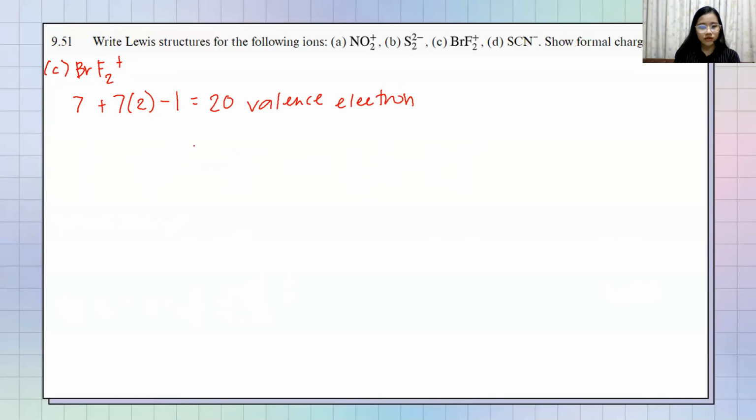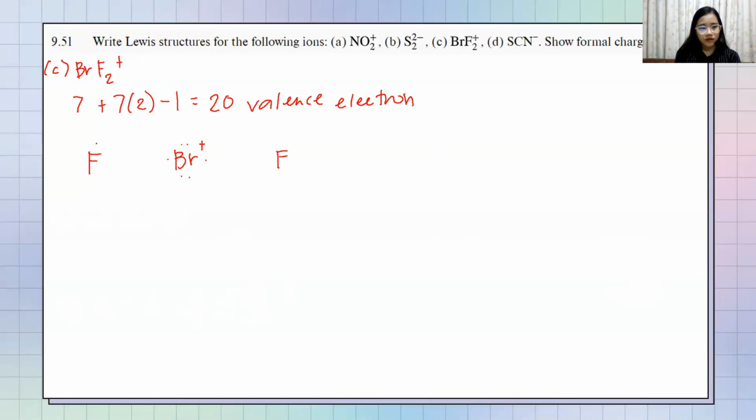So we can start drawing the Lewis structure. Br at the center because it has less electronegativity, F at both sides, and don't forget the charge as well. So Br, or bromine, has 7 electrons, but we lose 1, so a total of 6, 1, 2, 3, 4, 5, 6.